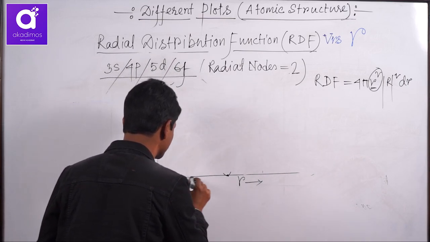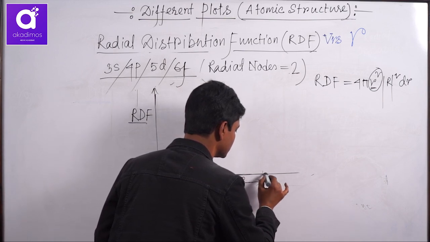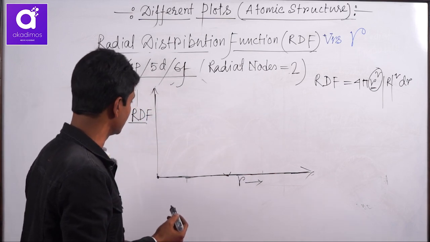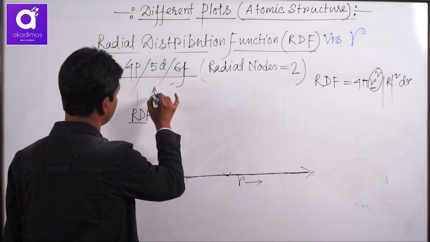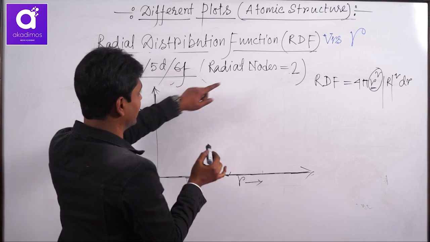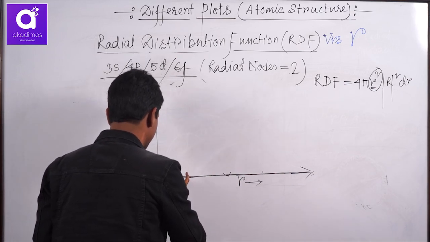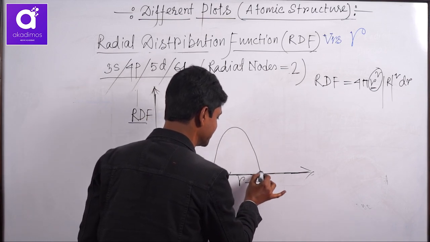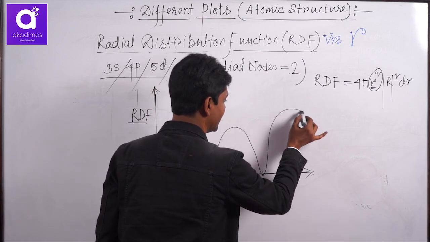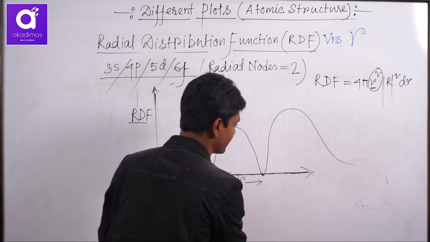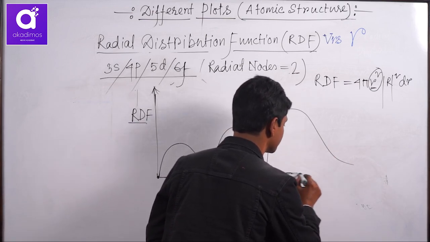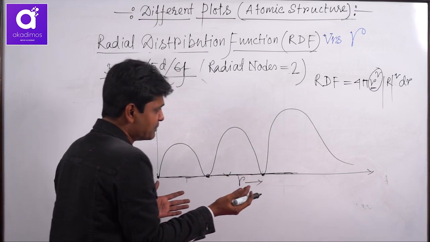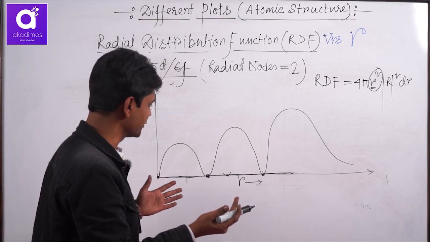Just try to get the concept clear. If you have a clear idea, the result will automatically come. See, here I will take two nodes, and the amplitude increases. See my plots. Very simple. These two are the nodes. Actually, this is a manipulated, qualitative plot.